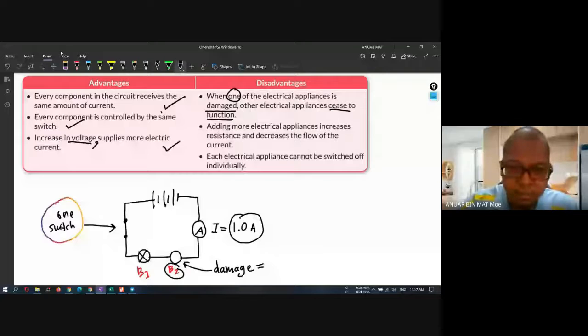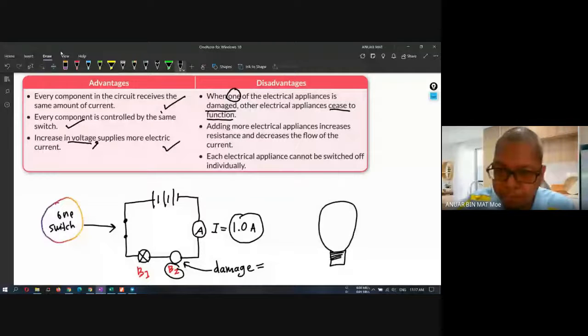Do you know what we call the thing inside the bulb? Inside the bulb there is a filament, like this. This is the bulb. The filament here will turn on and give us light energy.